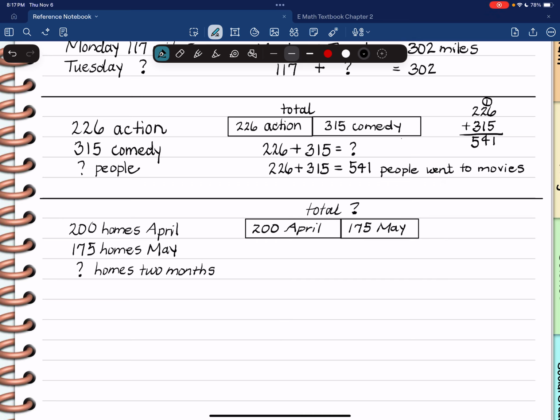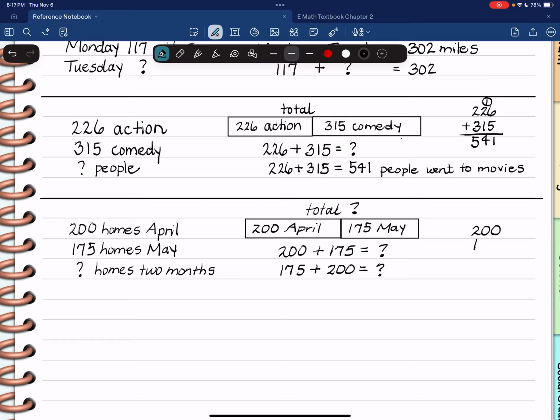That's the question mark. So my equation could be 200 plus 175 is the question mark. It could also be 175 plus 200 is the question mark, because with addition, the order doesn't matter. So let's find the answer.